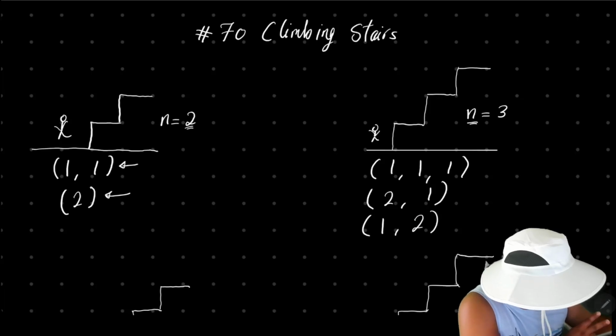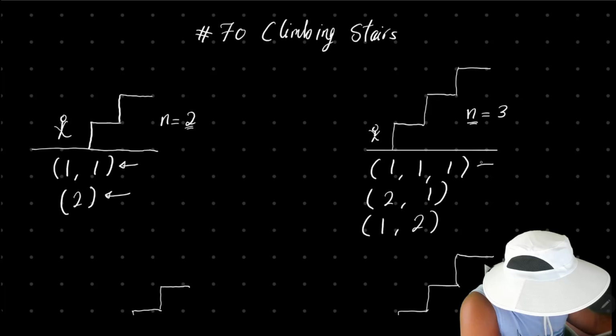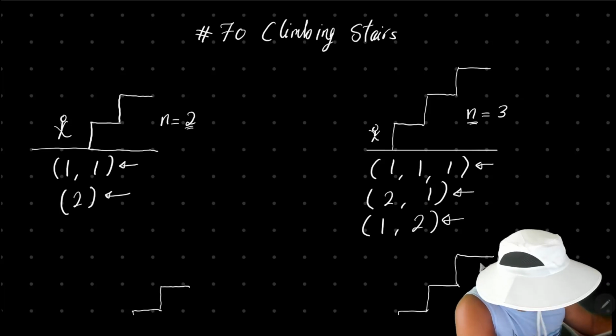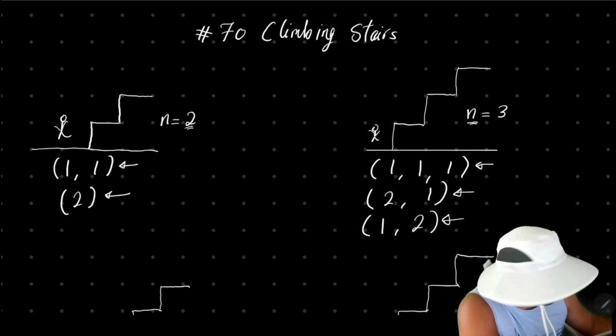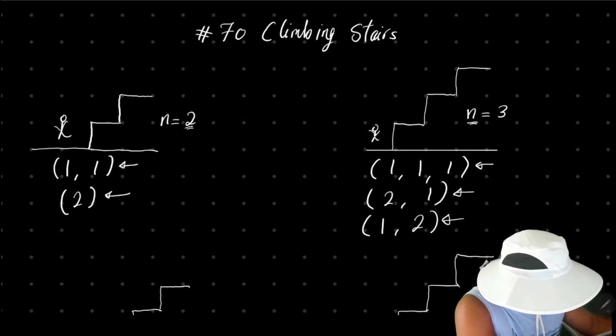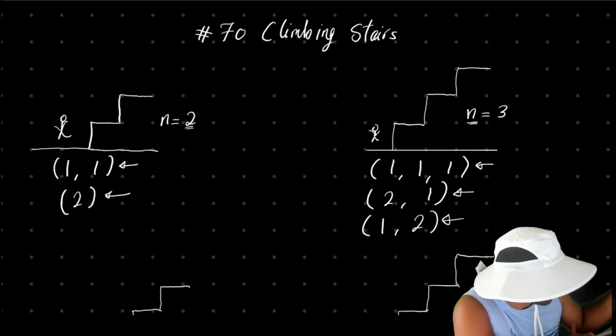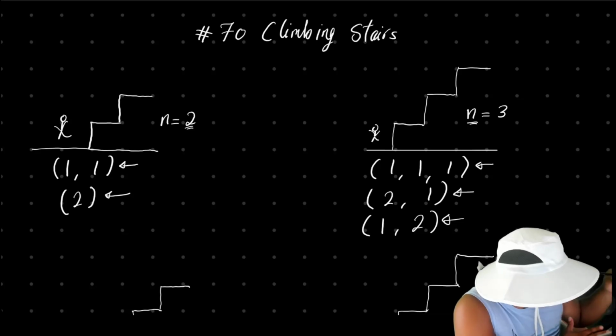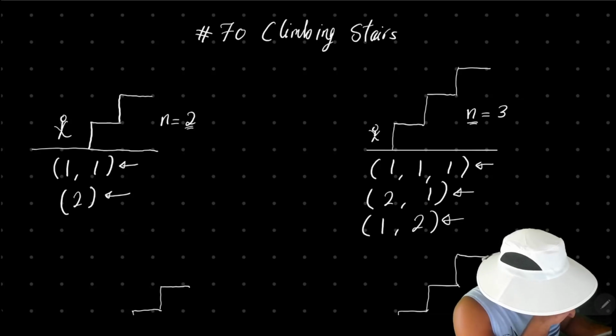Every one of these parentheses has a sequence that sums to 3, because you're going all the way to the top, covering the whole staircase. Okay, so far so good.